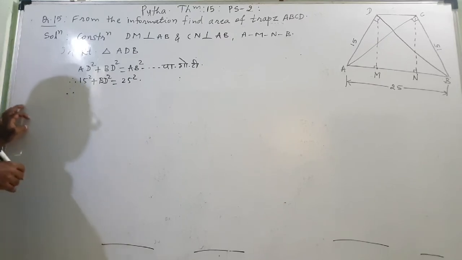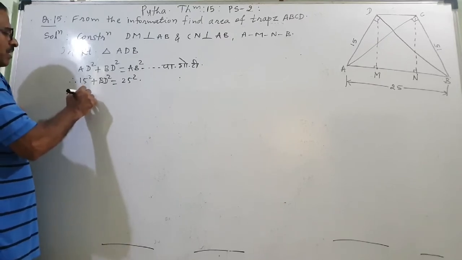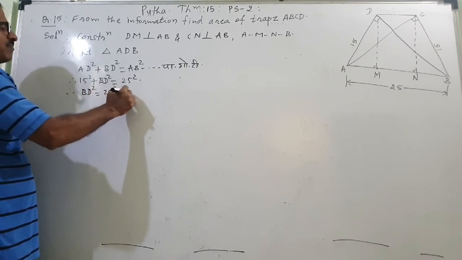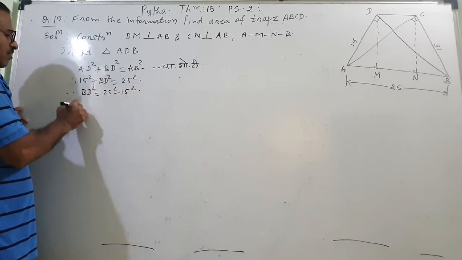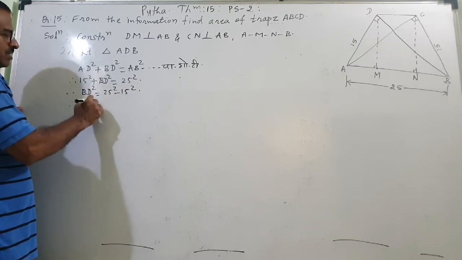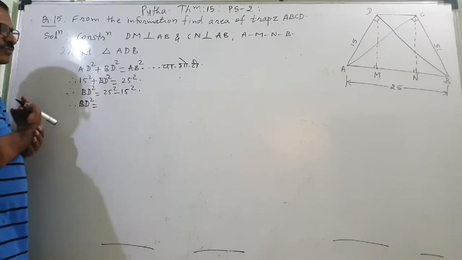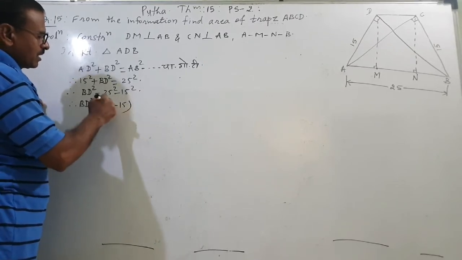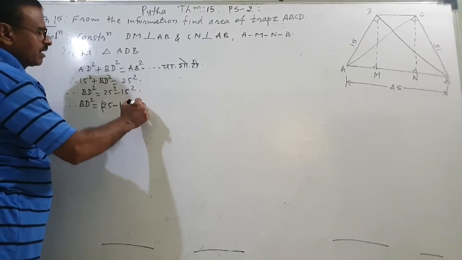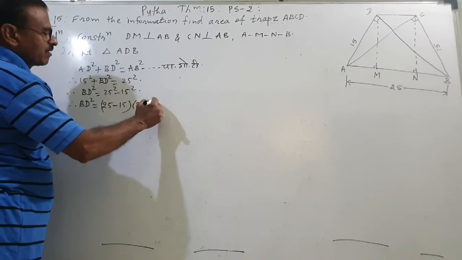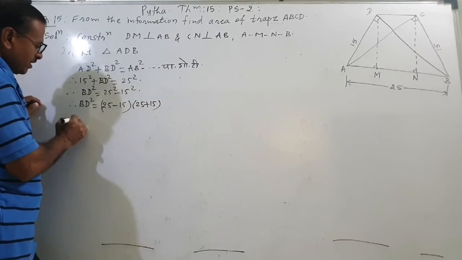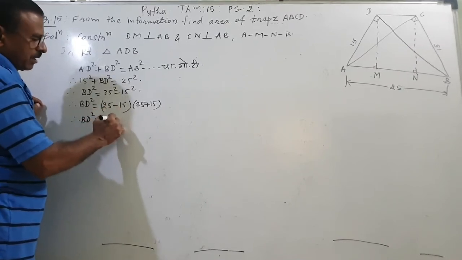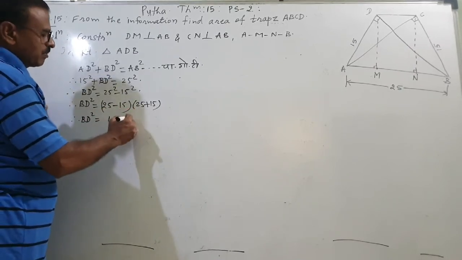Therefore, BD square is equal to 25 square minus 15 square. Therefore, BD square is equal to a square minus b square, which is a minus b, a plus b. So a minus b means 25 minus 15 and 25 plus 15. Therefore, BD square equal to 10 into 40.